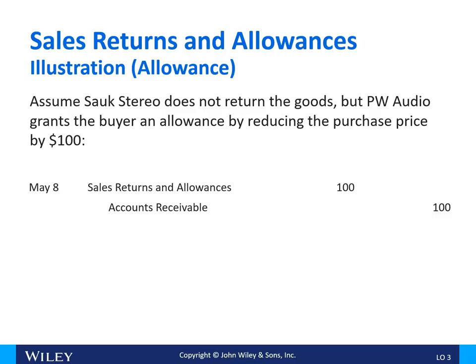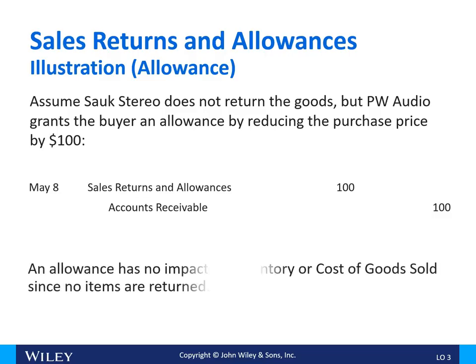So we reduce our receivable with the credit to accounts receivable, and the debit in this case goes to sales returns and allowance again. An allowance has no impact on inventory or cost of goods sold since no items are returned. Okay, so that's a key difference on the allowance versus a return. There's no impact to inventory or cost of goods sold.